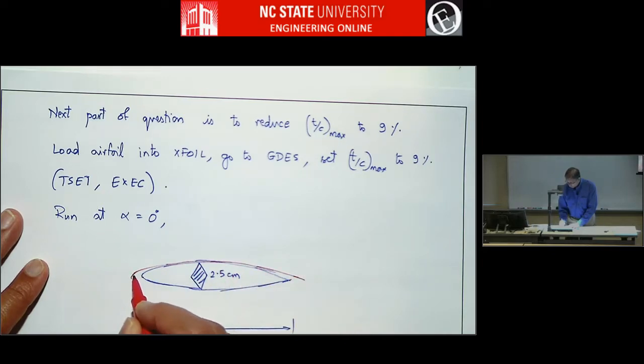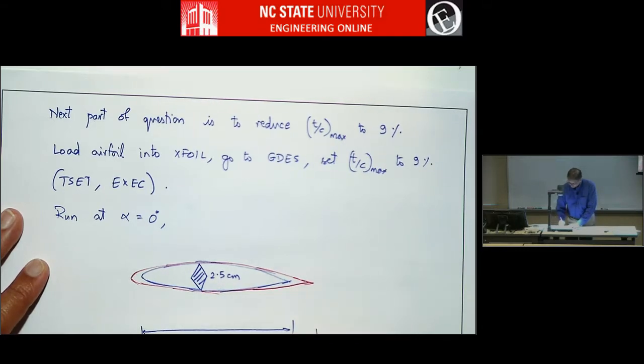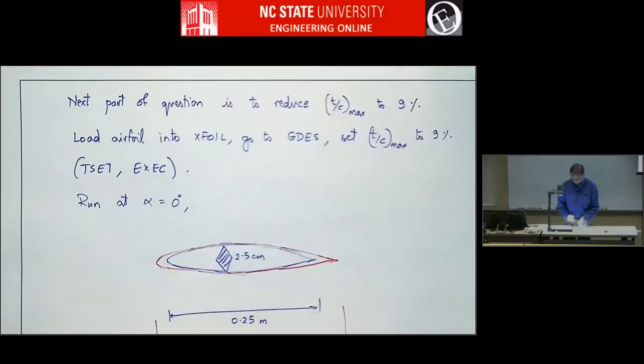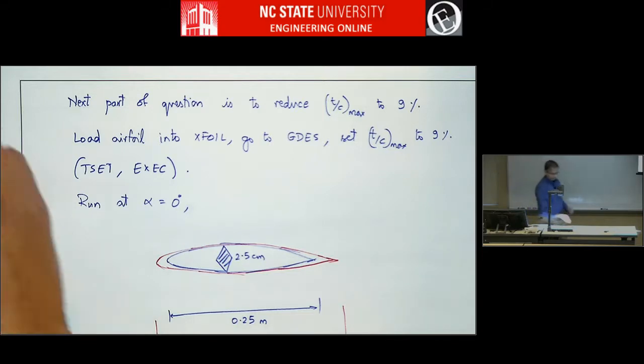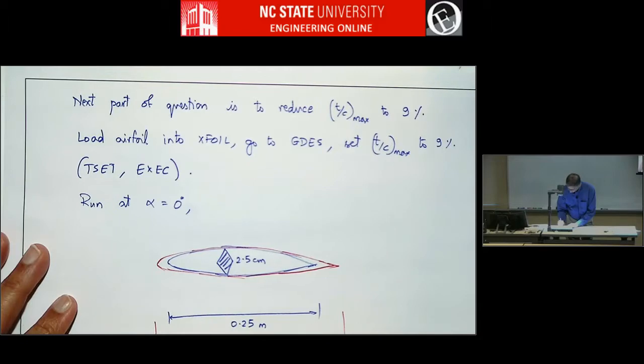You have a higher fineness ratio fairing. 0.278, 27.8, is it?